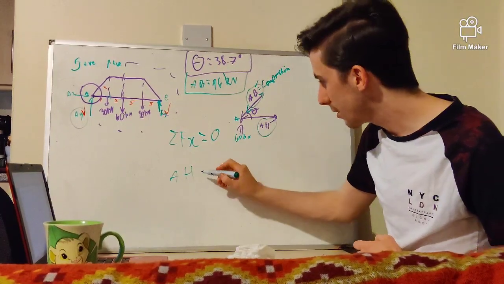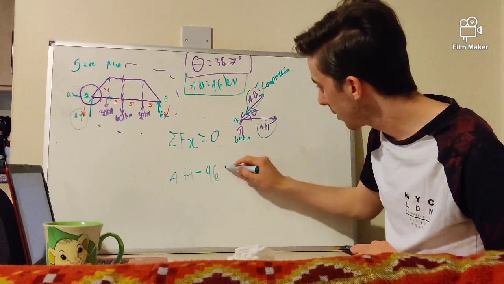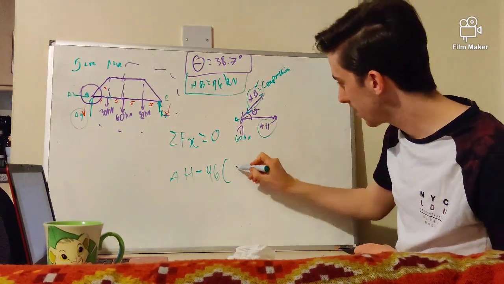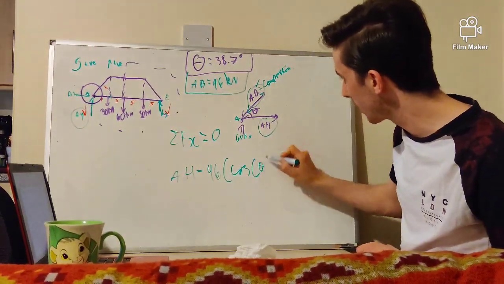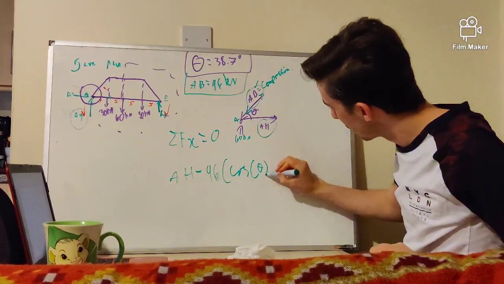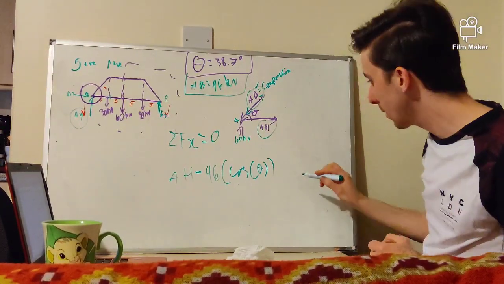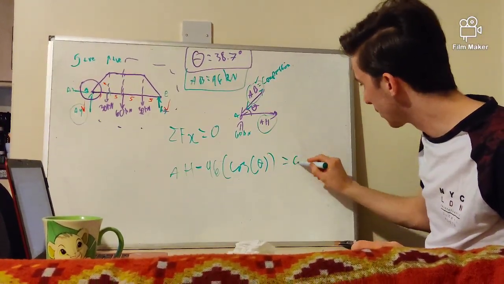Whatever that is, we have to take off this 96 times the cosine of theta this time, because we've got AB acting that way. So 96 times the cosine of theta, which has to equal 0.